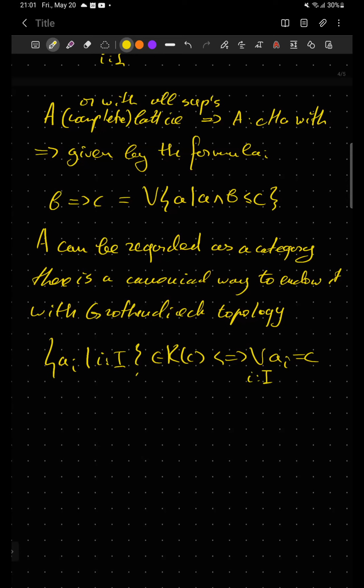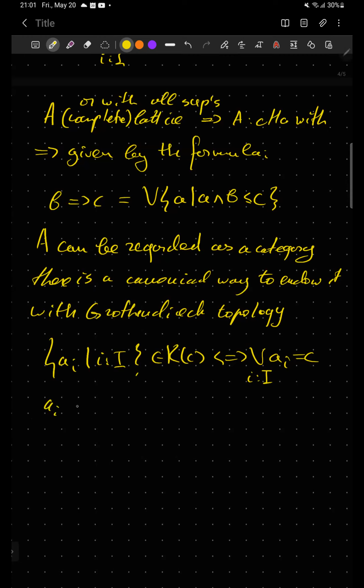So this basis of topology in this case corresponds just to the open cover topology on the category of all open subsets of a topological space.